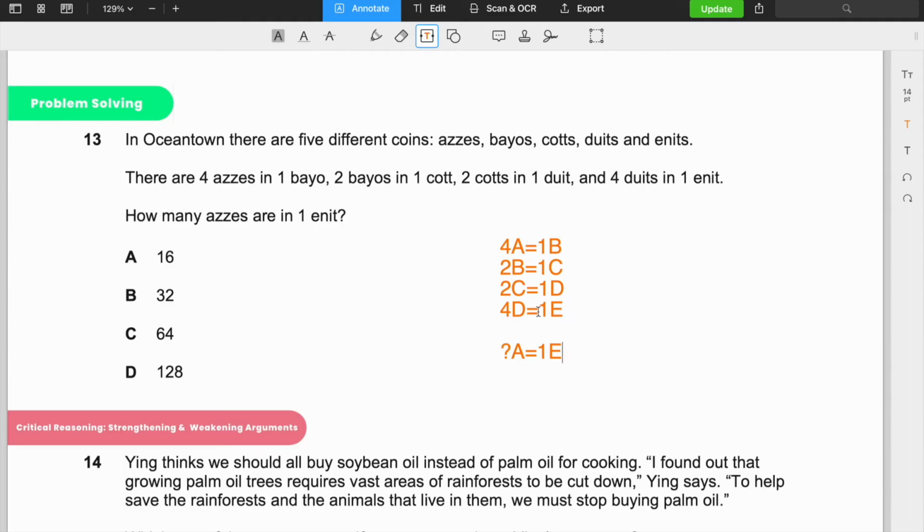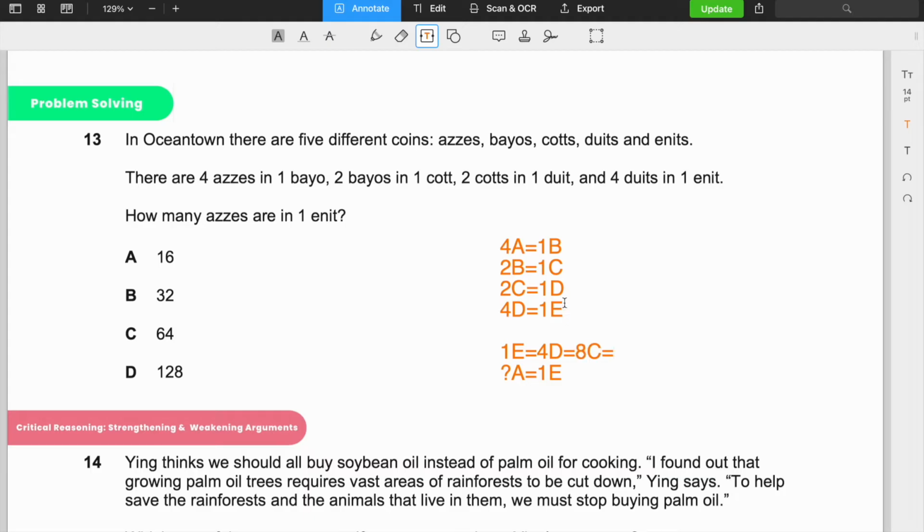So what you can do is just start substituting. We know that 1E equals 4D. Now 1D equals 2C, so 4D equals quadruple of that, so you do 4 times 2C, which is equal to 8C.